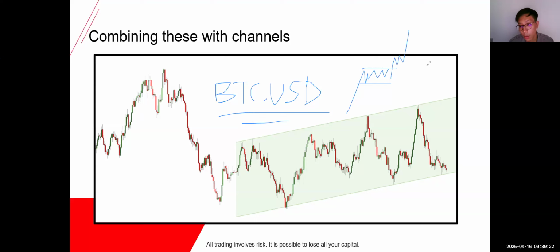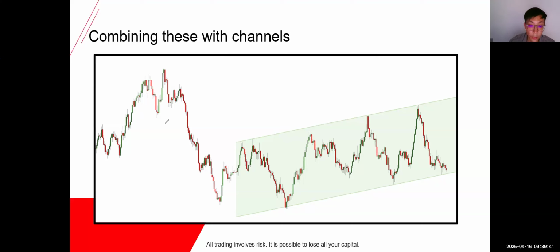Or we have a flat pattern, and then price consolidates to go even higher. Or we have something like that, a channel. So certain pairs work well with channels, but certain pairs don't. So this is more of a lot on back testing.